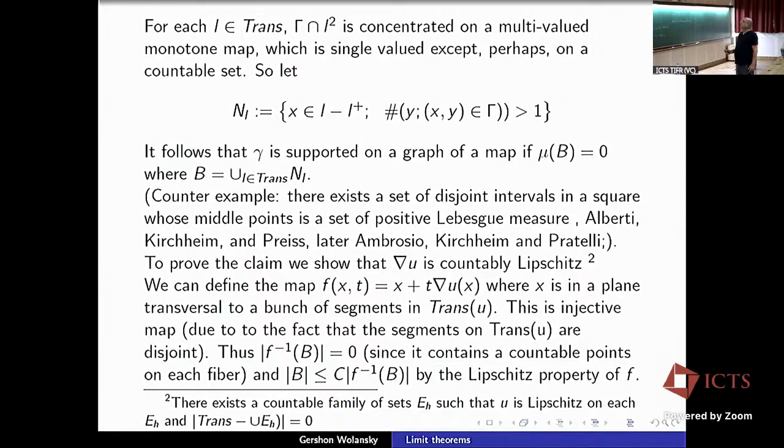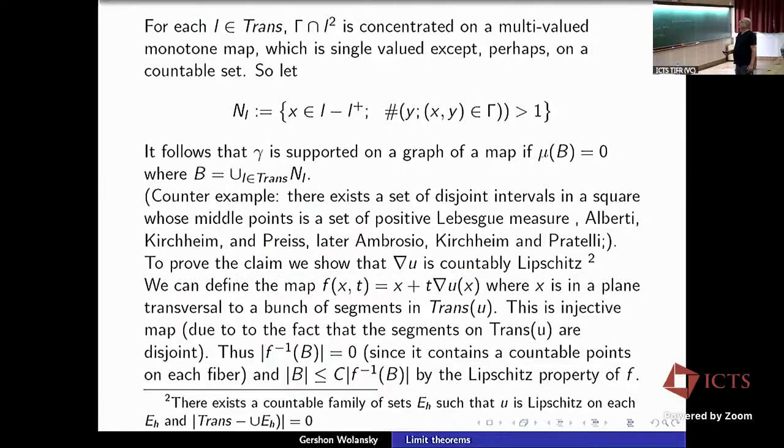It's a very delicate point, but here we define all the points on the line, excluding the endpoint, such that the number of jump points is bigger than 1.